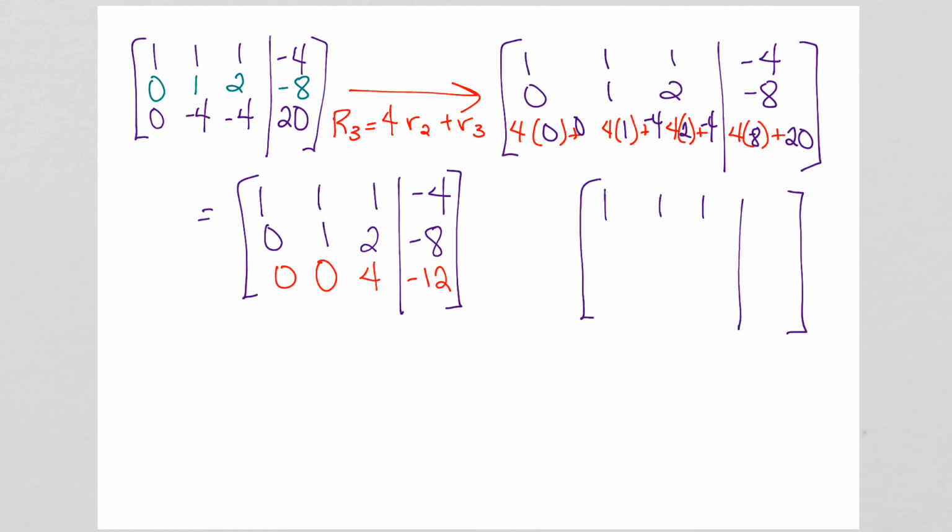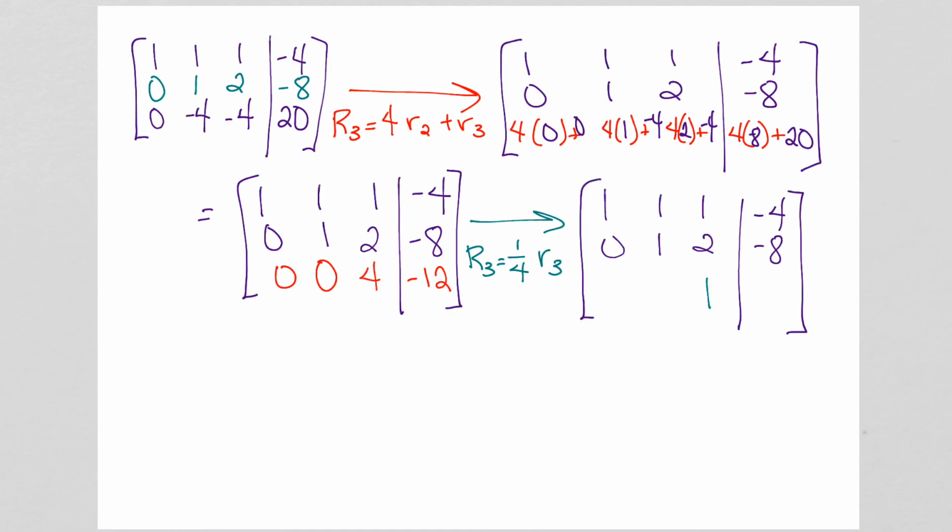So we're keeping our first 2 rows and getting a 1 in this spot. How do you make a 4 a 1? Divide by 4. So 1/4, let's say, R3 equals 1/4 R3.